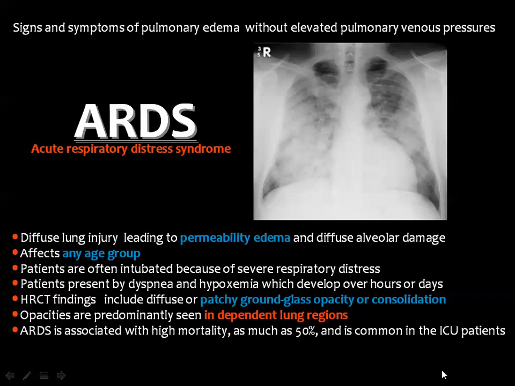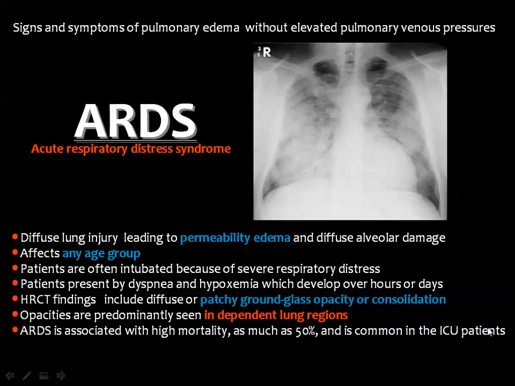Acute respiratory distress syndrome is one of the examples of permeability edema secondary to diffuse lung injury and alveolar damage. This ARDS can affect any age group, and the patients are usually intubated because of the severe respiratory distress.